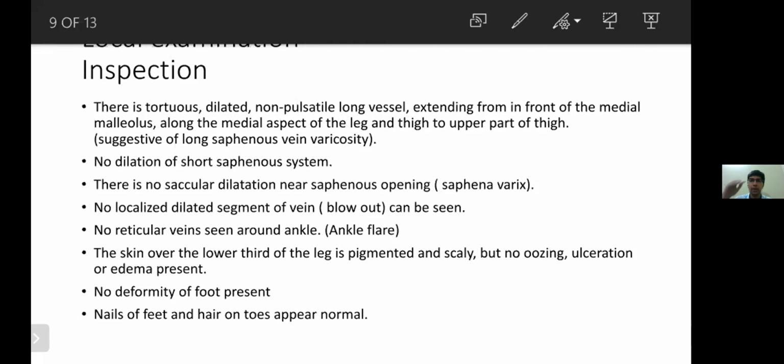Either it is because of some obstructive cause, that is DVT, or because of reflux, that is valvular incompetence, or combined. So after P you write in small letters either R, O, or RO. For etiology, you write E: congenital, primary, or secondary. And anatomically, superficial or deep, that's enough for you. You don't need to know the gradings or the numberings per se.